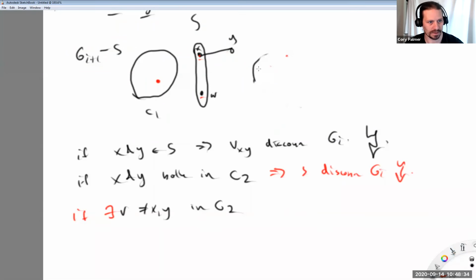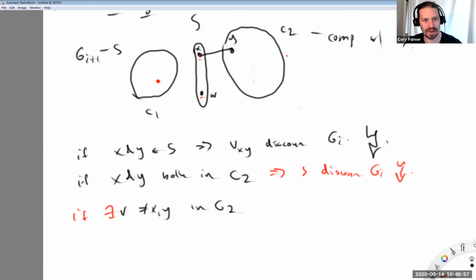Okay, I understand now what I'm missing. Here's C2. C2 should be the component containing X or Y here, right? They're not both here. We just resolved that they can't both be in a single component together, but one of the end vertices has got to be in C2 there. Okay, so this is the component with X or Y, but not both.